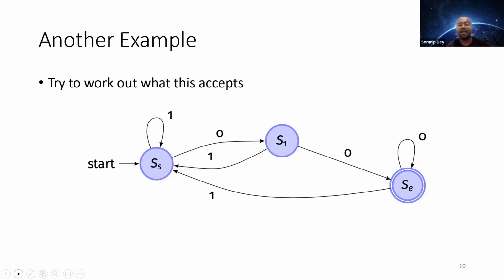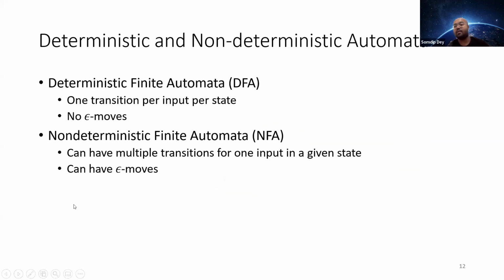So here we have multiple transitions for the same state. When you compare with a DFA, it can only have one particular transition. I will be showing a better example later so that it is more understandable.